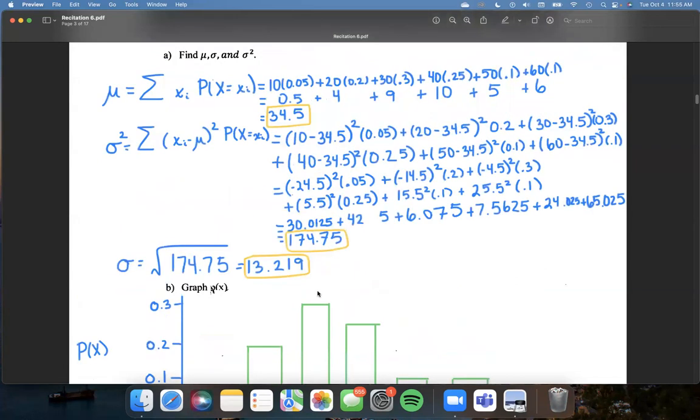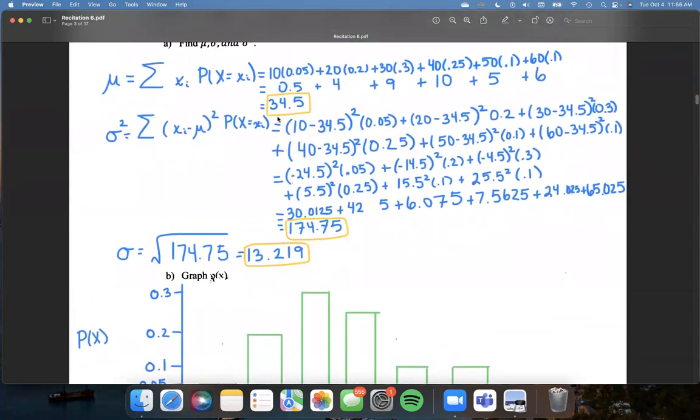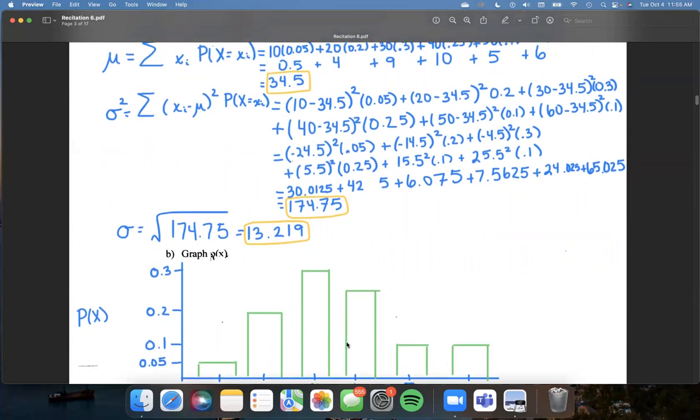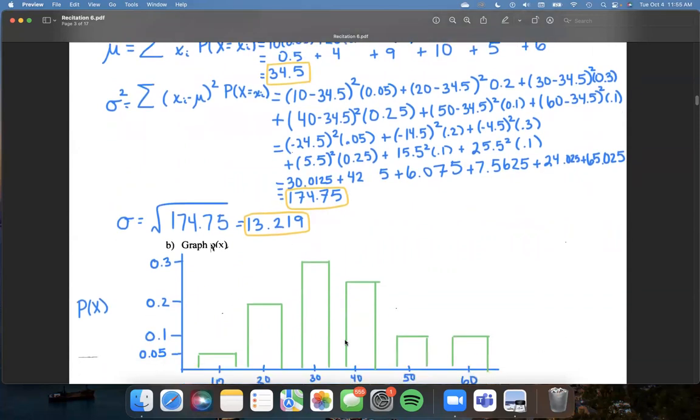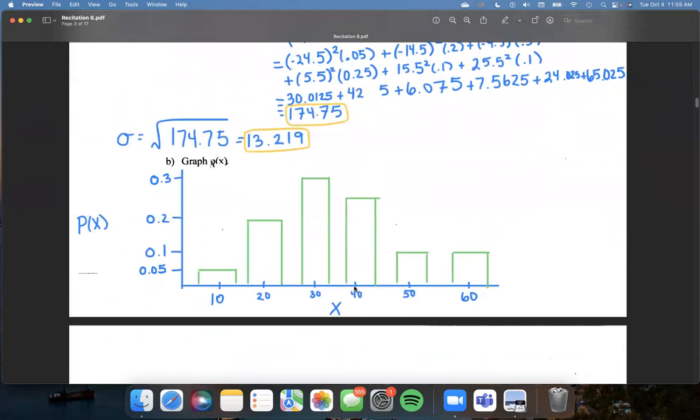And notice that our mean is 34.5. So that's somewhere in here, which is what you would expect. And yep, our variance and standard deviation is also what you would expect looking at the graph. Okay.